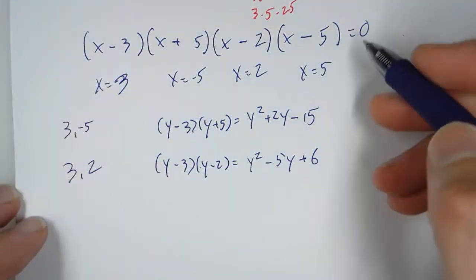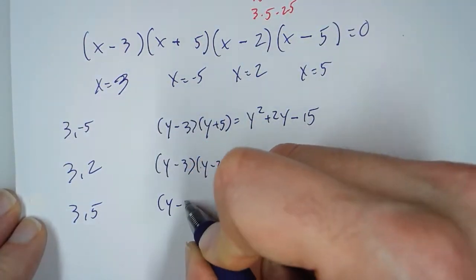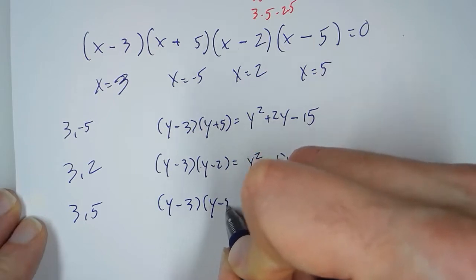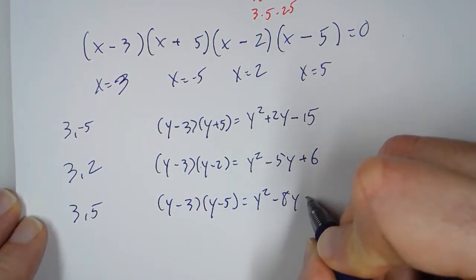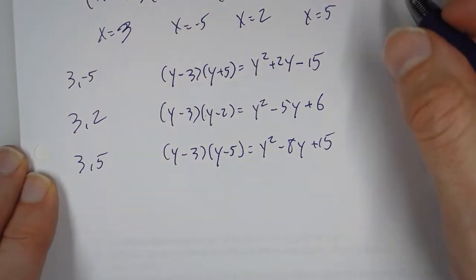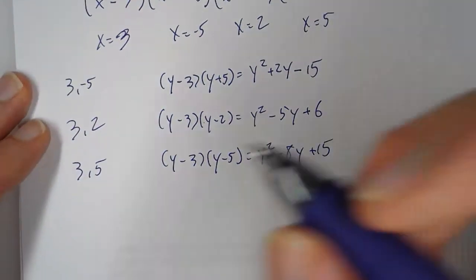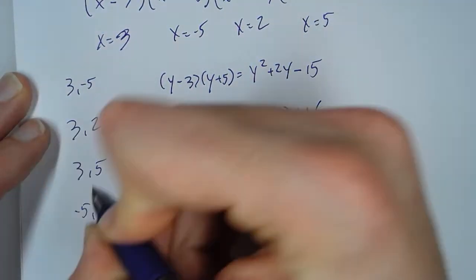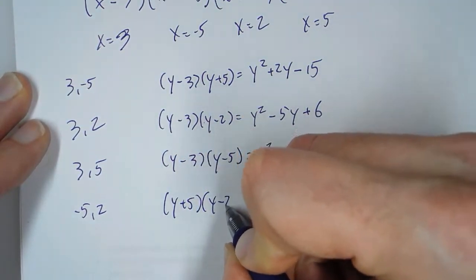Then do 3 and 5. So y minus 3 and y minus 5. So y squared minus 8y plus 15. All right. So now let's move on. Negative 5 and 2. So that's going to be y plus 5 times y minus 2.